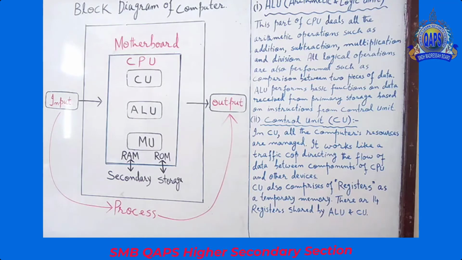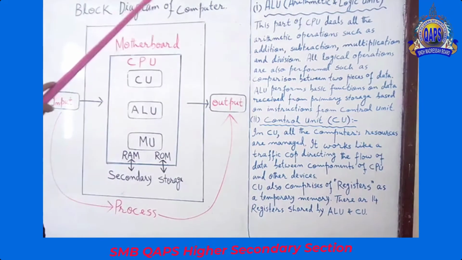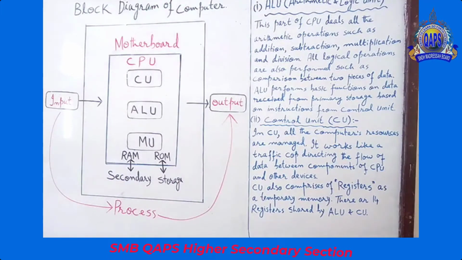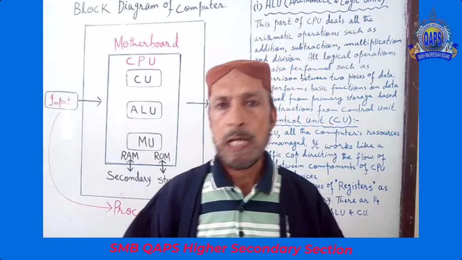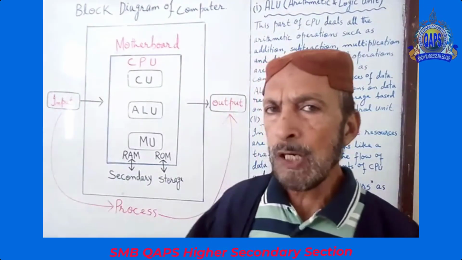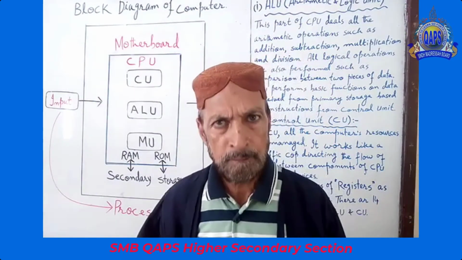All my lovely students, I asked you to open your book, page number 29, and start reading page number 29, and also remember this thing. What is that? Block diagram of computer. In this question, I explained to you about the major parts of a computer system.